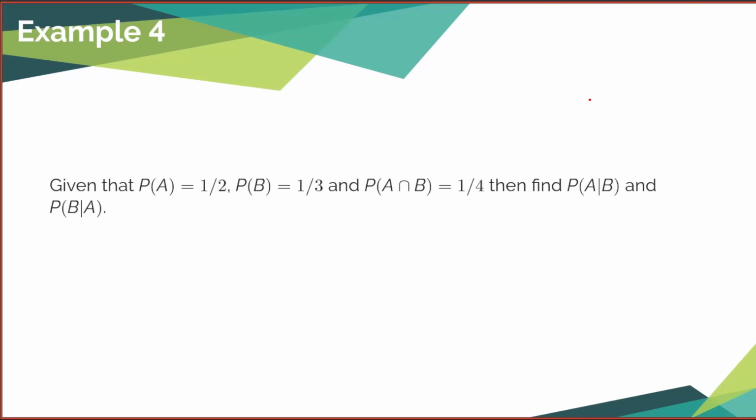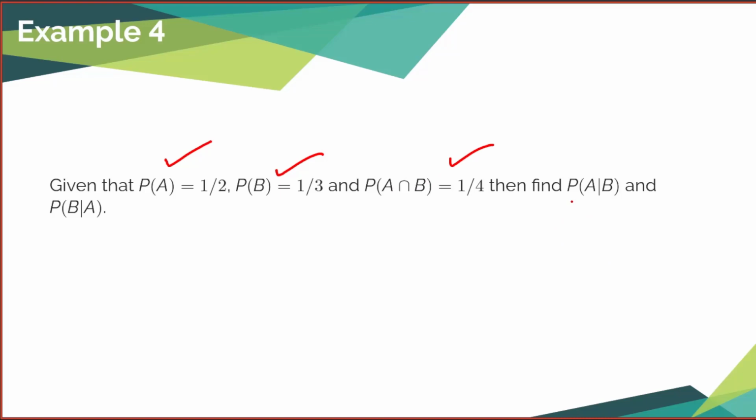Now let us try an example which will clear the idea of calculating conditional probability. In this example, we are given that probability of happening of the event A is 1/2, probability of happening of the event B is 1/3, and the simultaneous happening, that means A as well as B, is 1/4, right?